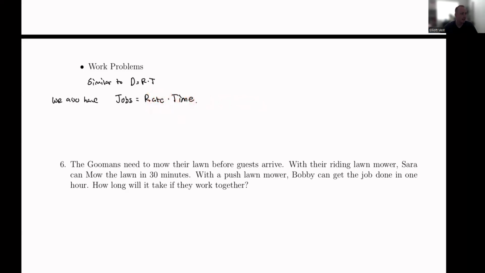That's the idea of it here. And again, we like to abbreviate this: jobs is equal to rate times time. Or if you divide to get R by itself, I like to do R is equal to jobs per time, how many jobs we end up doing here.